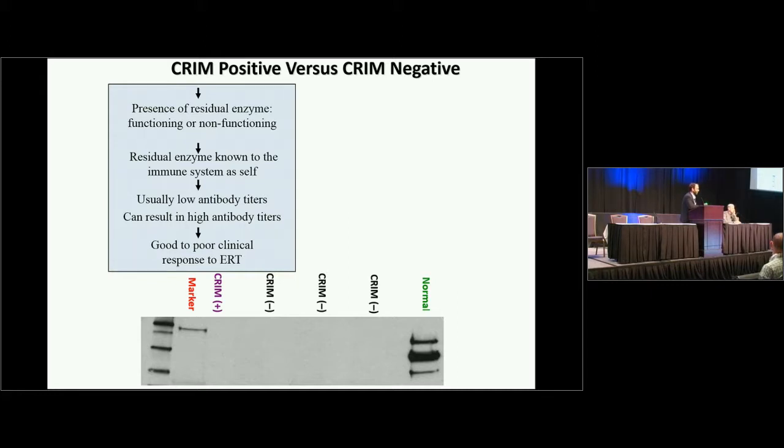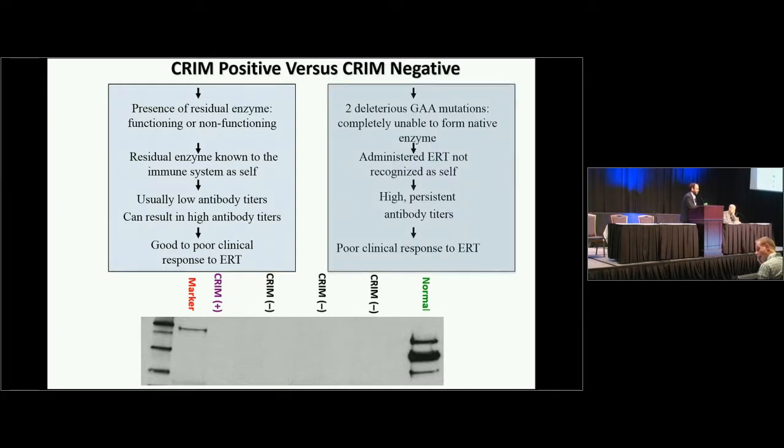And so during ERT, there would be low antibody formation. A few patients have higher antibody formation. But with the low antibody formation, there's a good clinical outcome. This contrasts with CRIM-negative subjects who have two deleterious or null mutations. They make no residual GAA protein, and their immune system doesn't recognize ERT as self, and there's a high persistent antibody formation that interferes uniformly with the response to ERT.